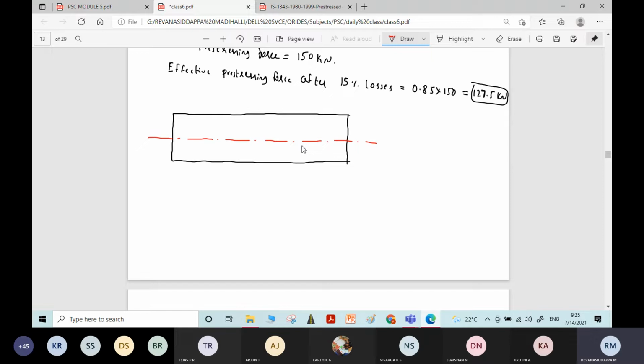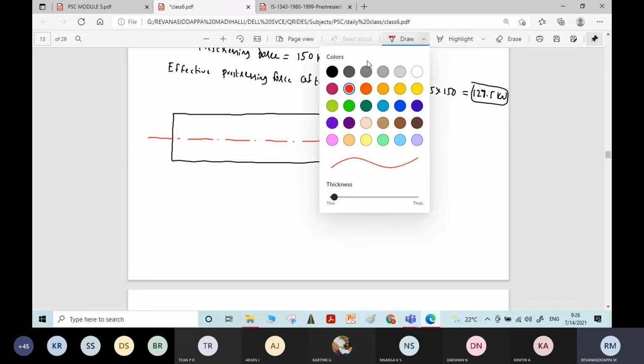Then you need to find the deflection that you have practiced in model number 2, and you need to find the flexural strength of the composite beam that you have practiced in model number 3. Therefore, if you have properly learnt models 1, 2 and 3, then it is very easy to learn model number 5. After this problem I will be solving one problem on flexural strength of the composite beam.